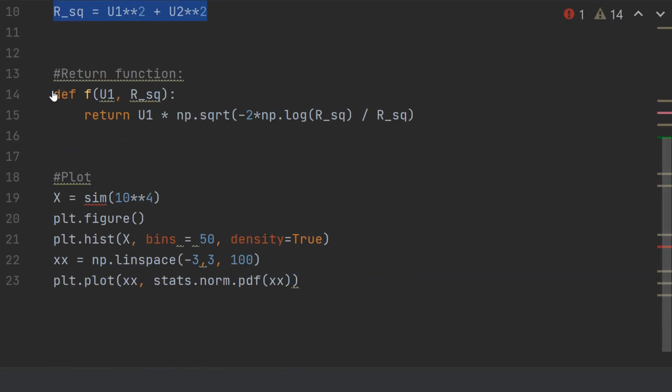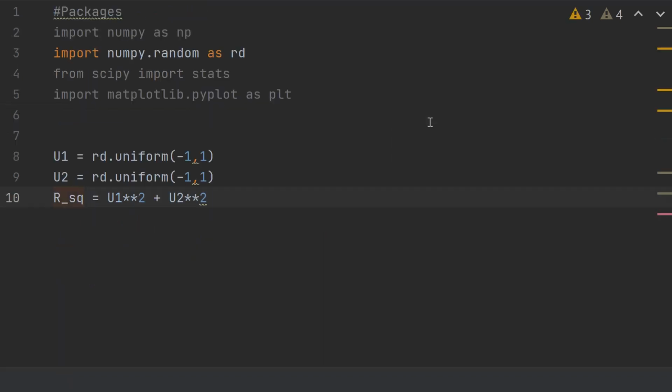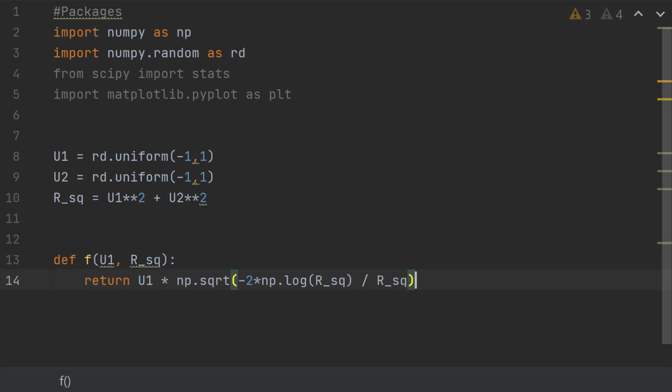So this is the function I used to make my output, where I take u1 and I take my r squared, then I return u1 multiplied by the square root of minus 2 times the logarithm of r squared divided by r squared.